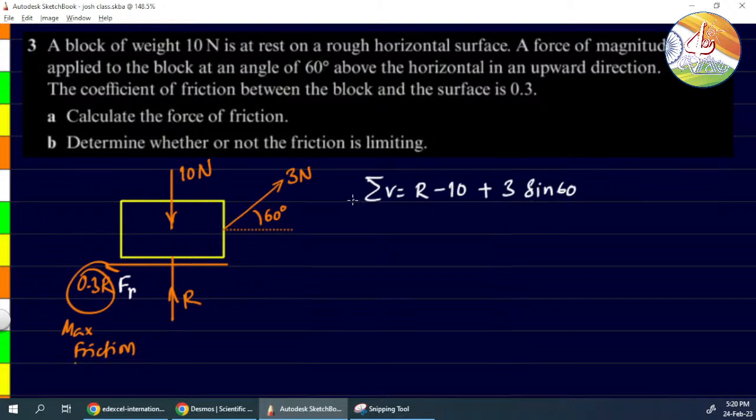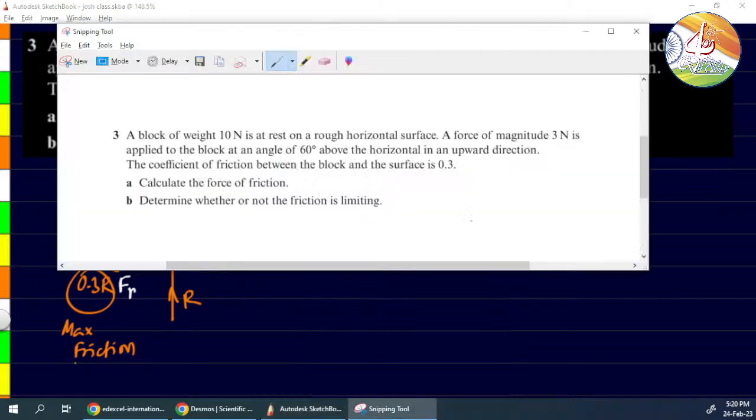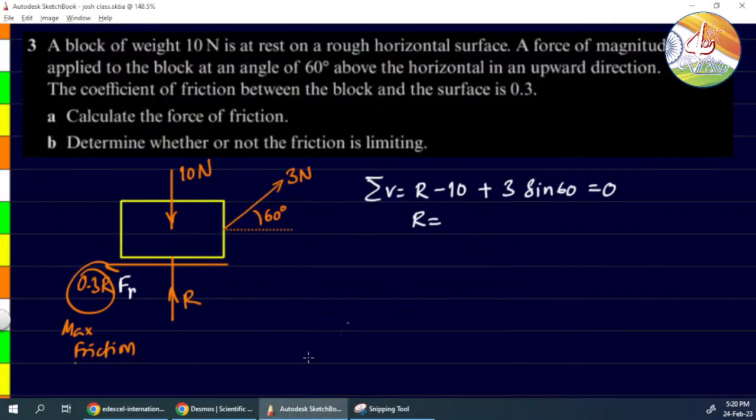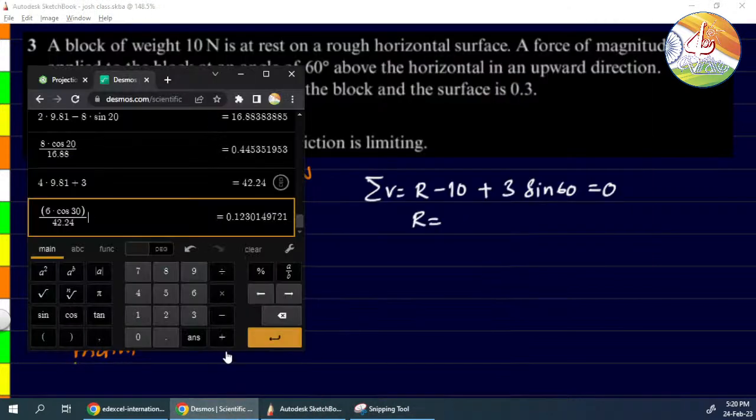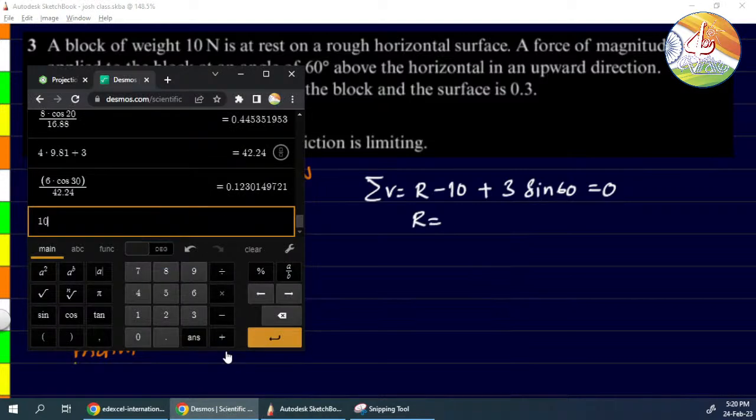The total should be 0, so R should be 10 minus 3 sine 60. What do we get? 7.40.